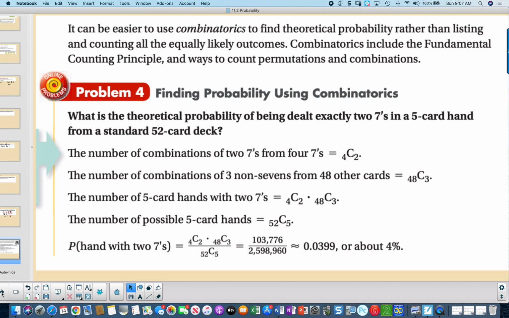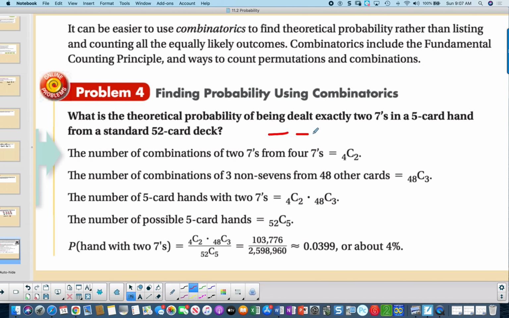Okay, it can be easier to use combinatorics to find the theoretical probability rather than listing and counting all the equally likely outcomes. Here's an example. What is the theoretical probability of being dealt 2 sevens in a 5-card hand from a standard 52-card deck? All right, so we are going to have 5 cards.